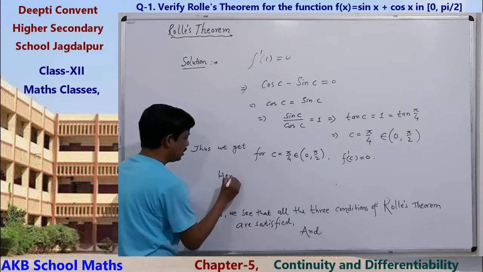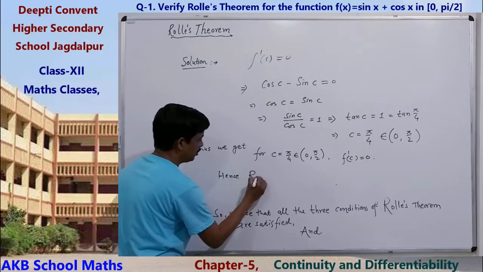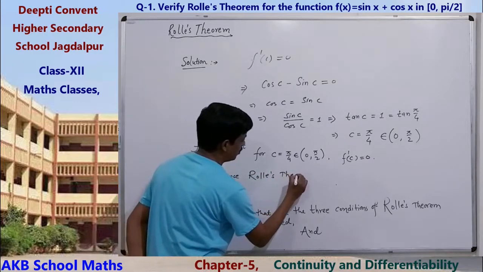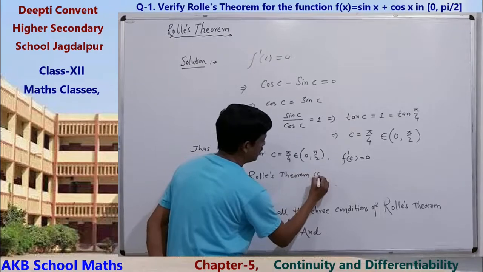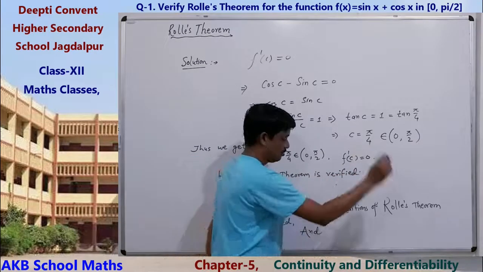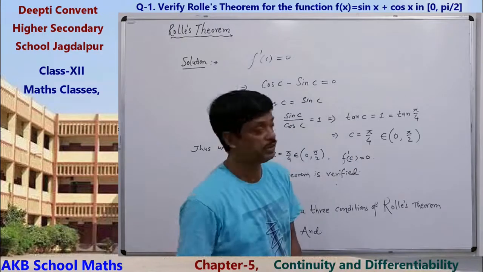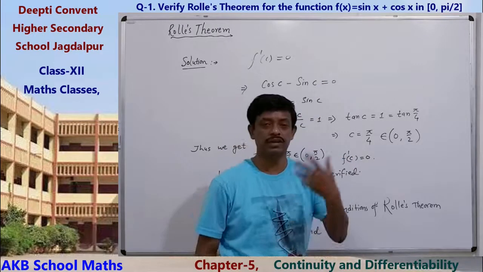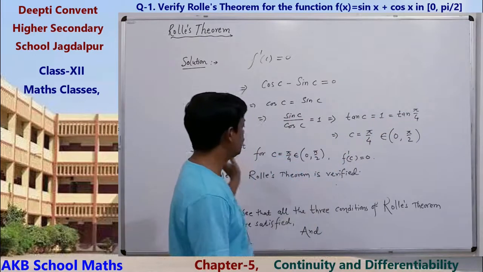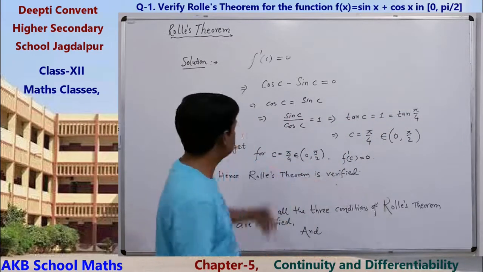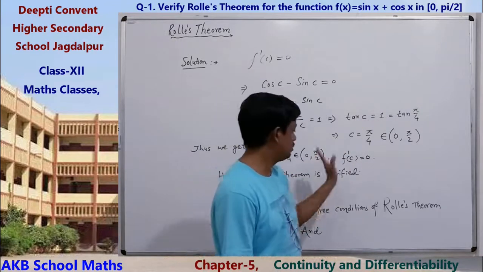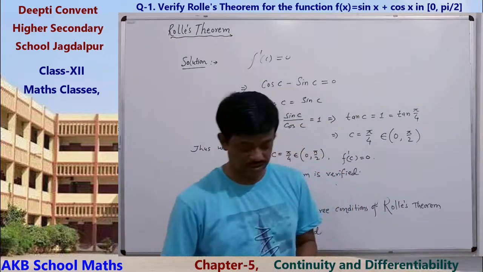Hence, Rolle's theorem is verified. Because according to Rolle's theorem, if the conditions are satisfied, then we can get a point c belonging to 0 to pi by 2 such that f dash c equals 0. So we get a point c equals pi by 4 belonging to 0 to pi by 2. So that is the verification of Rolle's theorem.